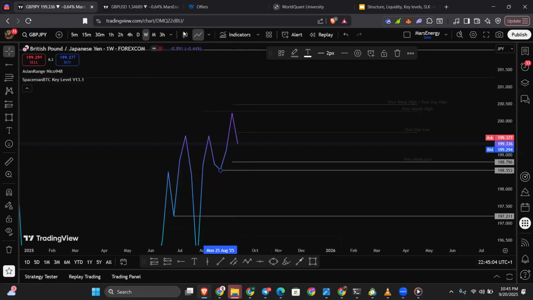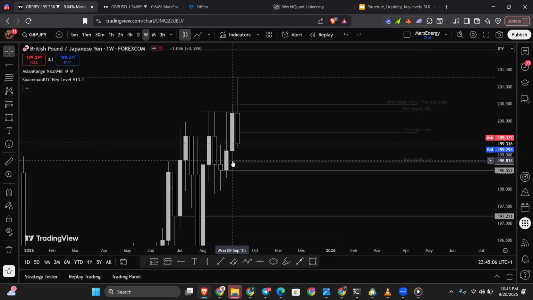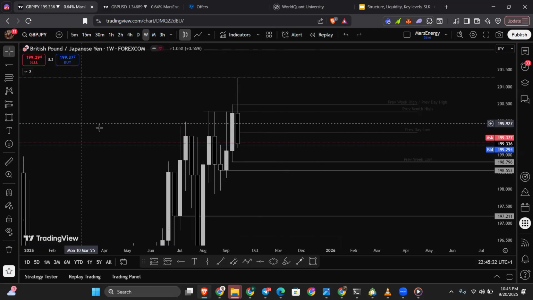And since there is liquidity before a key level, it makes the key level more valid, right? So that is just what I'm looking at for GJ for the week, because price has taken out a week high, which is a liquidity point in the market.